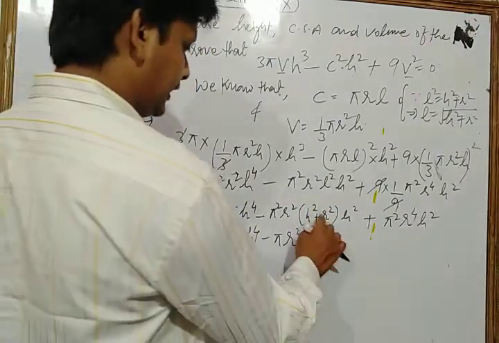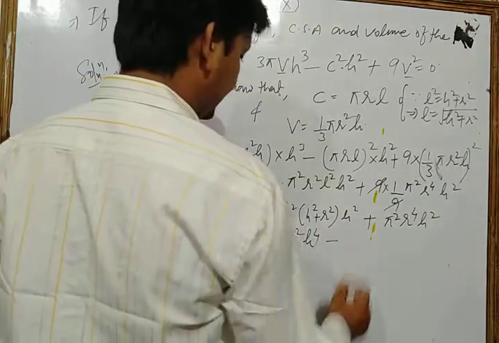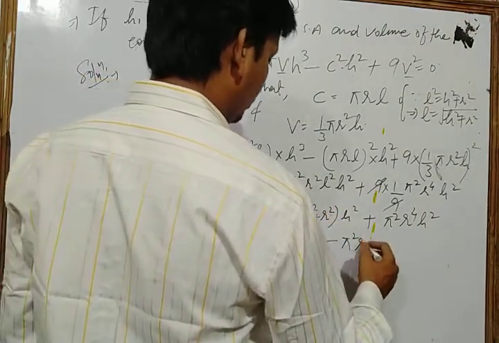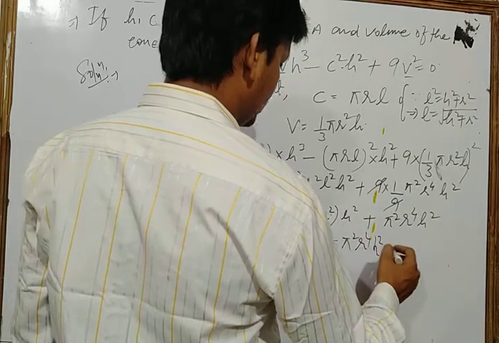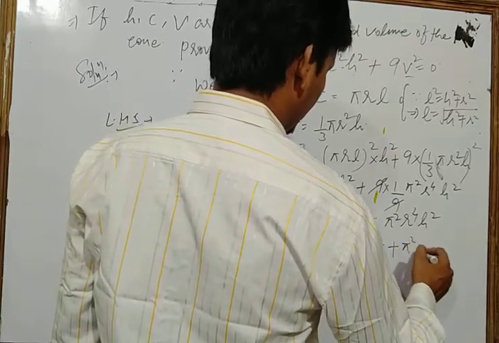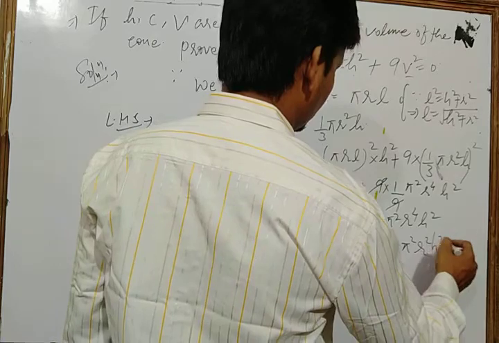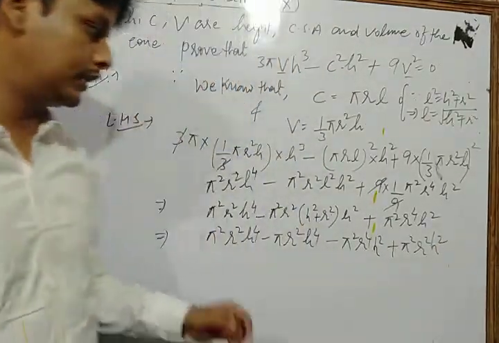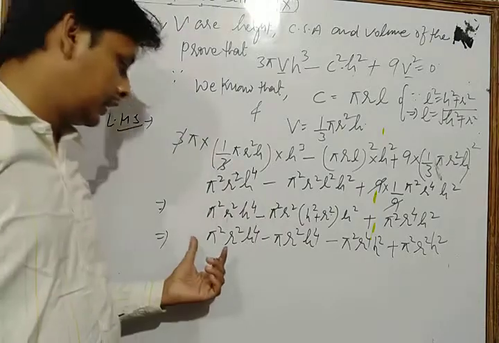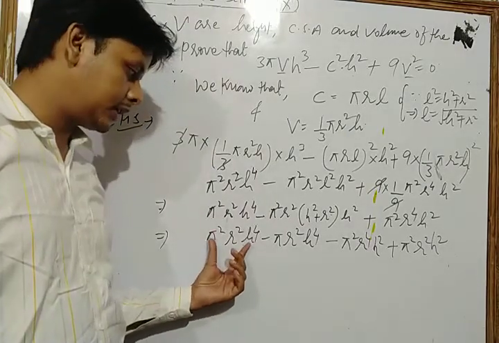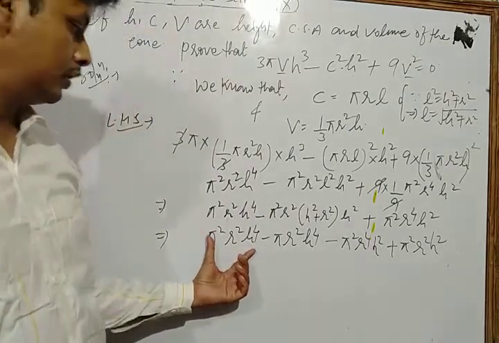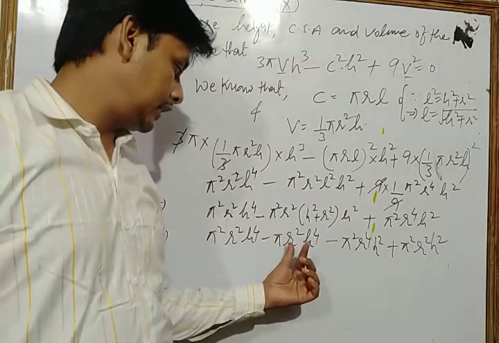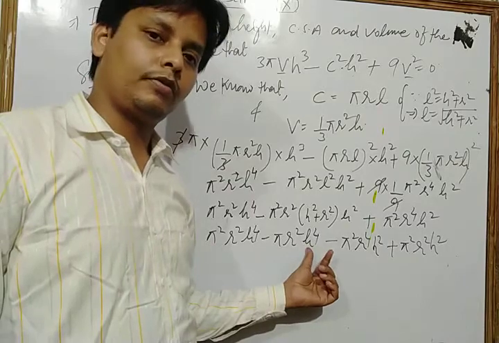Now we multiply: minus times plus gives minus pi square R to the power 4 into H square, and here we write plus pi square R to the power 4 into H square. Then plus pi square R square H to the power 4, and this is minus pi square R square H to the power 4.